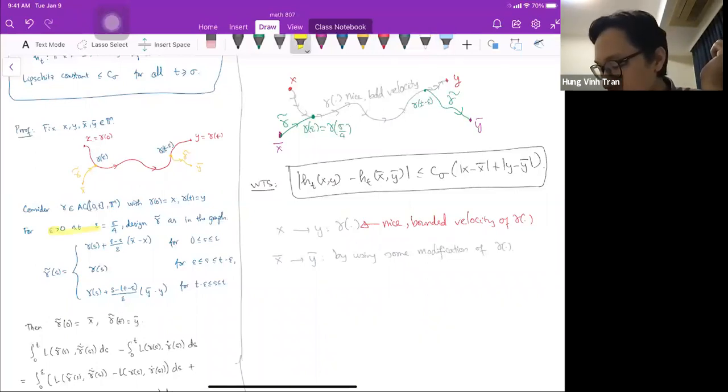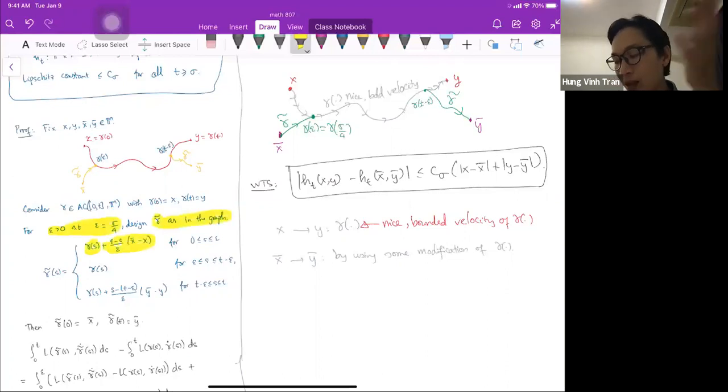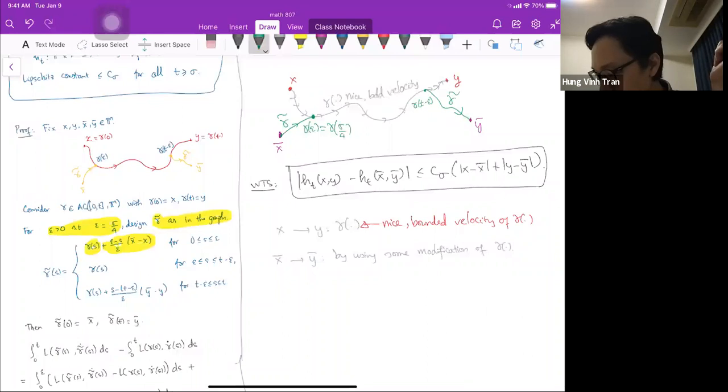Right. So now let's have a look at the writing on the left panel. I chose epsilon to be sigma over 4, and we designed gamma tilde to be, again, you take gamma s and you take a linear combination with a line segment from 0 to x bar minus x, right? So you see that at 0, gamma tilde of 0 equals gamma 0 plus epsilon over epsilon times x bar minus x.